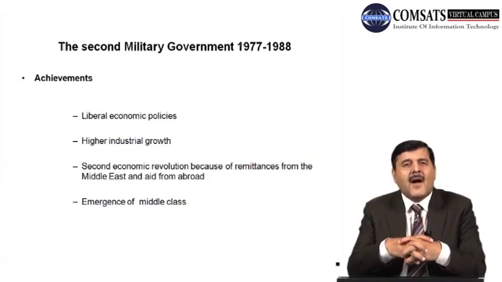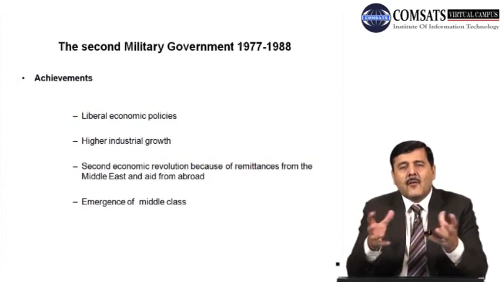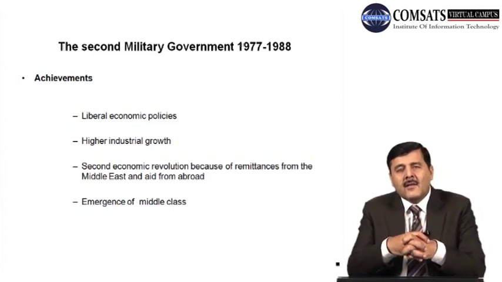Which achievements did we talk about? In this period, they tried to adopt liberal economic policies, and because of those policies they encouraged investors to increase the growth rate of industry in Pakistan.